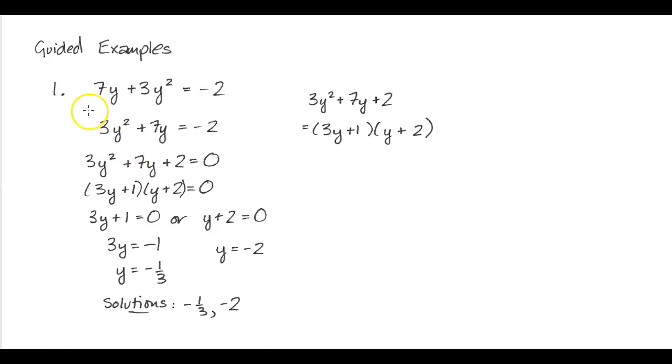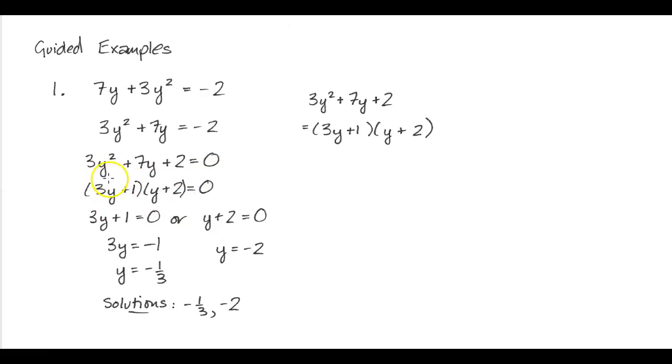Here in the first example, on the bottom of page 1, we have 7y plus 3y squared equal to negative 2. Once again, we want an equation of the form ax squared plus bx plus c. So I'm going to write the squared term first, and to get 0 on the right-hand side, which is essential, I can add 2 to both sides of the equation.